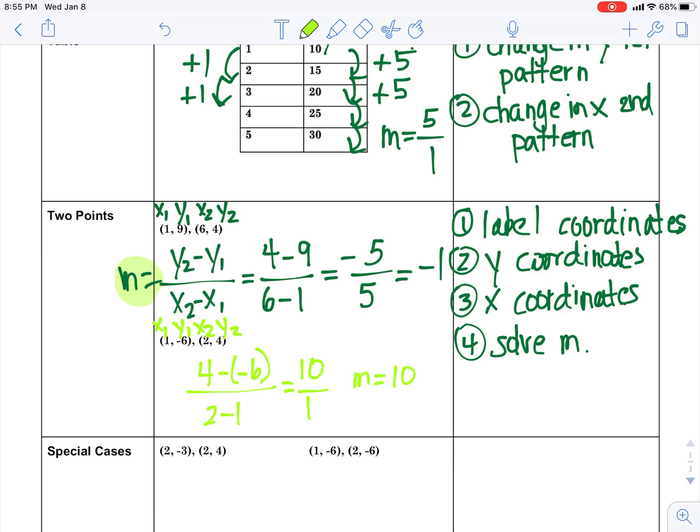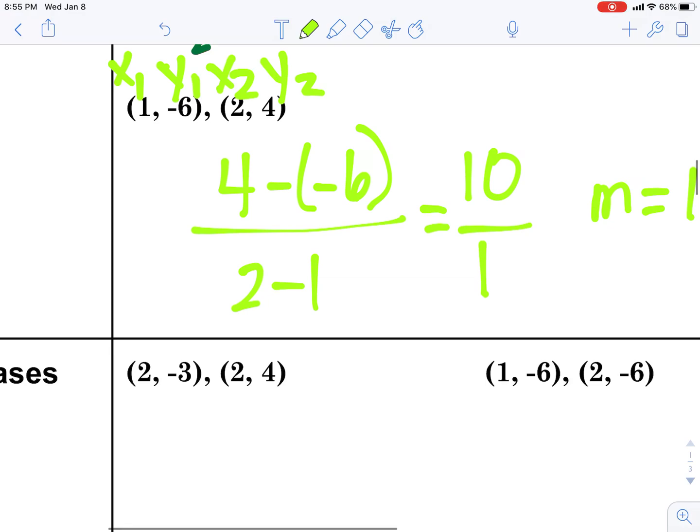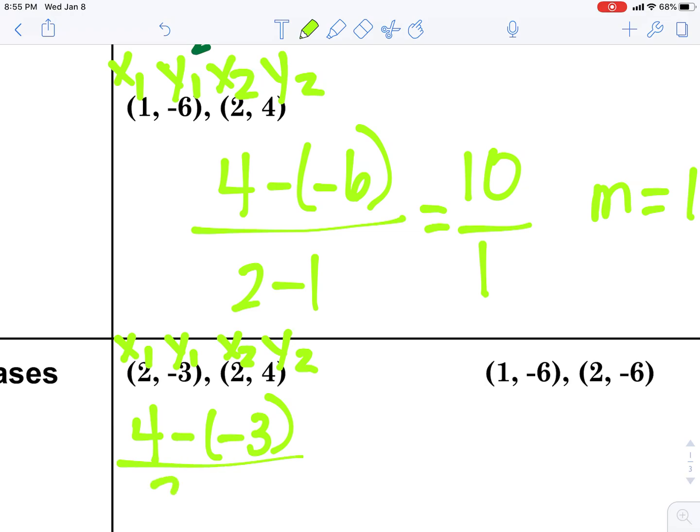All right, special cases. So I'm not going to rewrite the y2 minus y1 since it's above in the other problem. So let's take a look. I am going to label my coordinates here. So this is x1, y1. This is x2, y2. So when I write this out, I have 4 minus -3 and 2 minus 2.